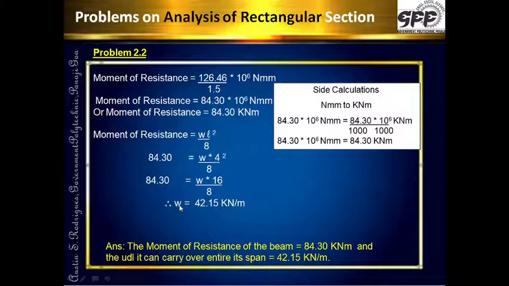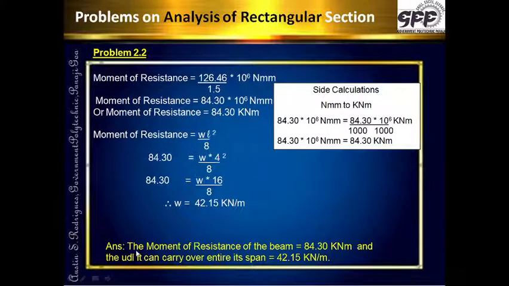The UDL which can be permitted on this beam is 42.15 kilonewton per meter.